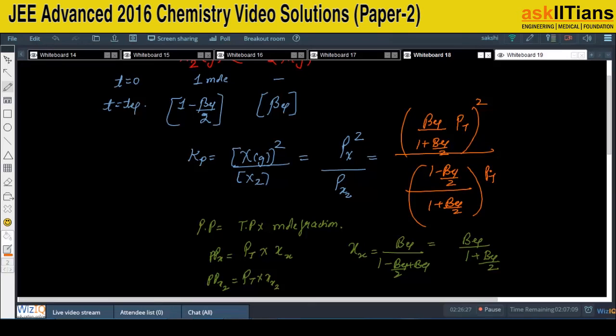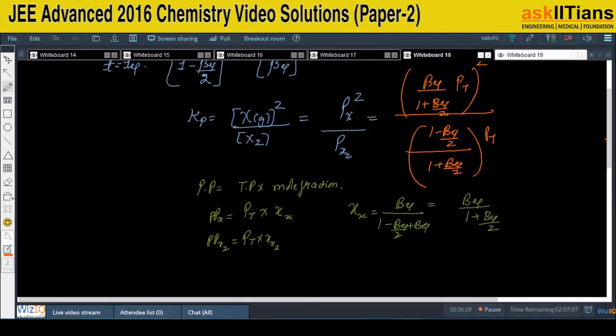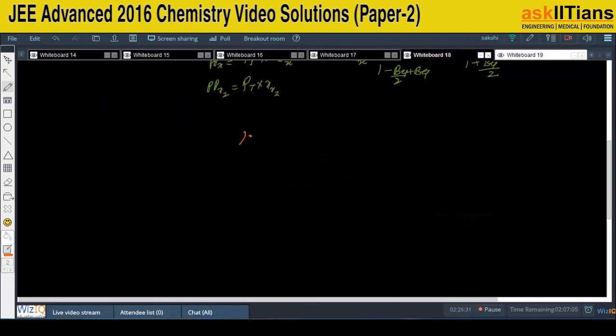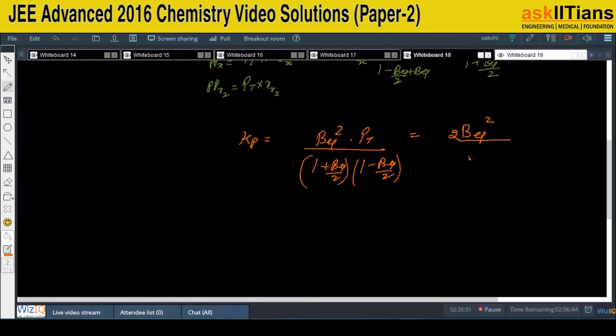So this is what we have found out right now. And if I ask you to solve this, you can say Kp will be equal to B equilibrium whole square Pt square by Pt. It will remain as Pt only, and then the 1 plus B equilibrium by 2 will get cancelled. So you have 1 plus B equilibrium by 2 multiplied by 1 minus B equilibrium by 2, and if you solve it you will get 2B equilibrium square divided by 1 minus B equilibrium by 4.